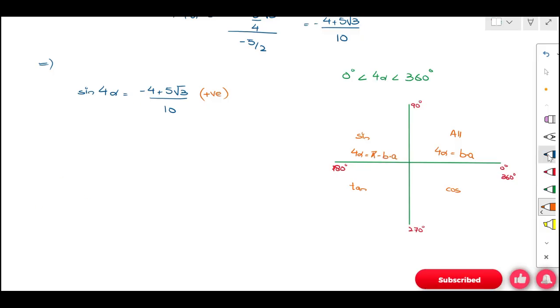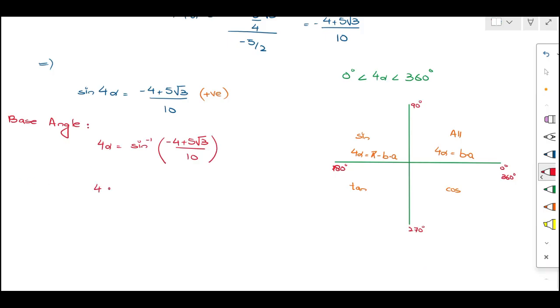Okay, now let me solve the base angle first. The base angle, or the principal value of the angle, which is 4 alpha, is equal to sine inverse of this whole thing, which is (minus 4 plus 5 square root of 3) over 10.